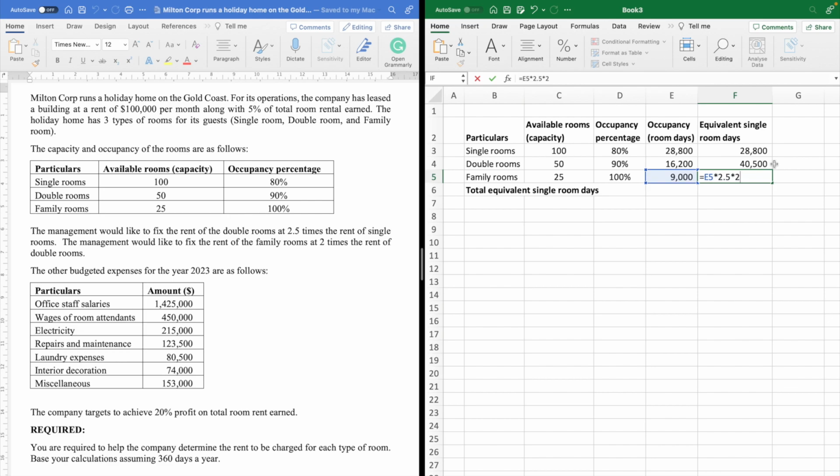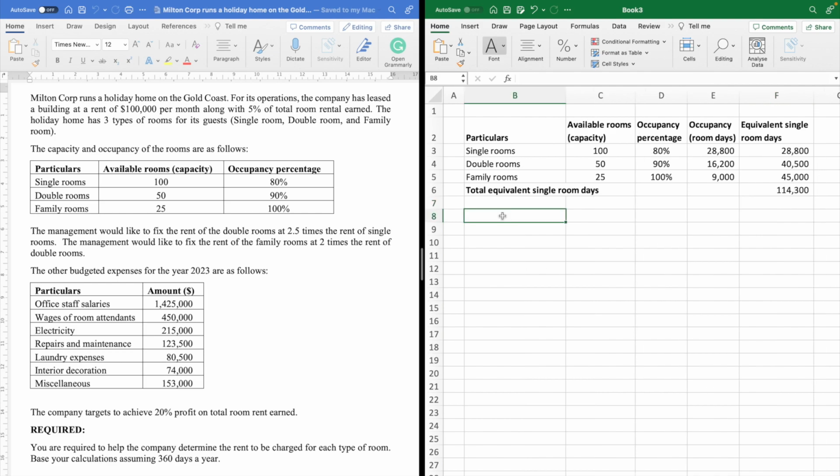So by multiplying the occupancy room days of family rooms by 2.5 and again by 2, we will be able to convert the family rooms into equivalent single rooms. So the total occupancy in terms of equivalent single room days are 114,300 per annum.